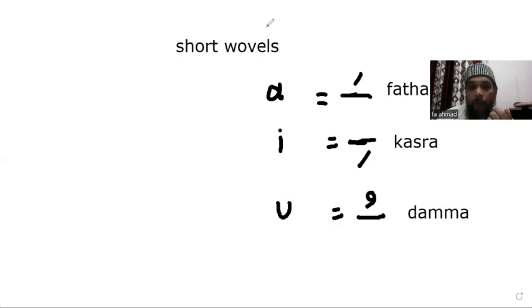Fatha sounds a, kasra sounds e, and damma sounds u. So a, e, u. Fatha, kasra, damma sound a, e, u.